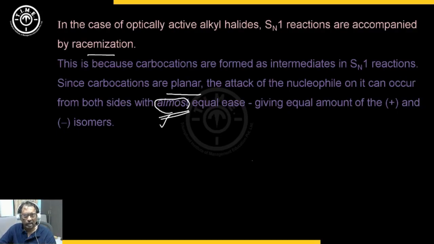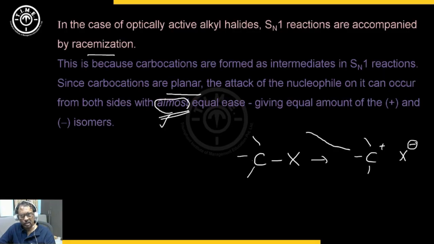Because when the halogen was here and the nucleophile was attacking, the carbocation was formed, but the X minus has not moved out completely. So a nucleophile attacking from the rear is more likely than a nucleophile attacking from the front, which is less, because the halide has not left the place.